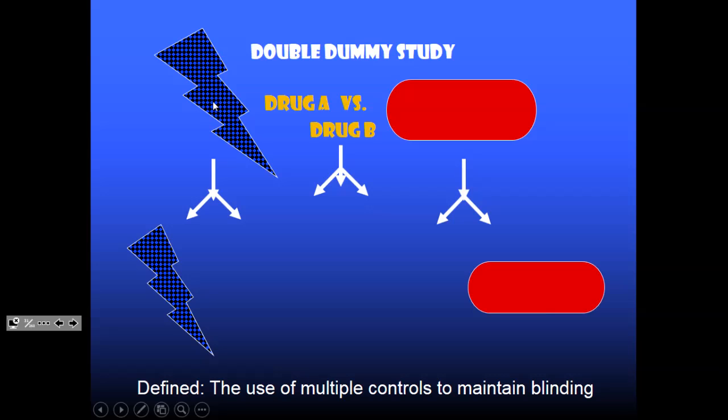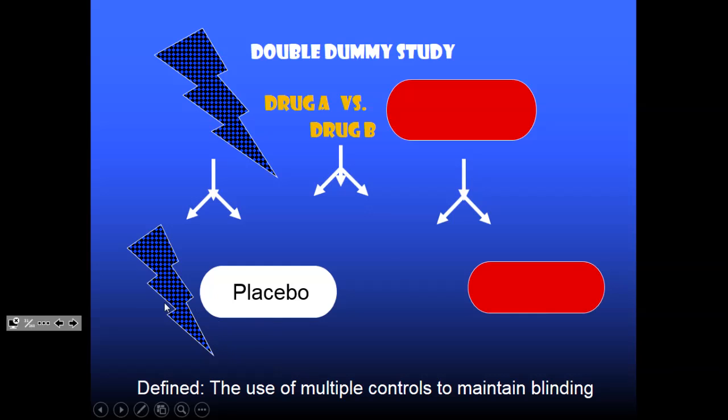If we give you the blue injection, you're getting the blue injection. It's difficult, if not impossible, to blind those two. So what we do is we set up a design where we use multiple controls. So in this example, the patients would be randomized to receive the red pill or, let's do the blue injection. They would get the blue injection and they would get a red placebo.